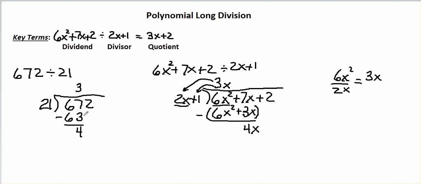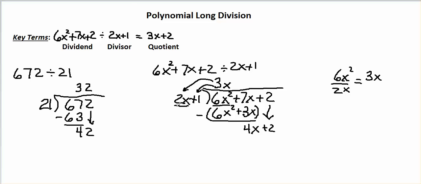So what did we do over here in long division? The next thing we did was we brought our 2 down. We're going to do the same thing here. We're going to bring our plus 2 down here. The next thing we did was we took a look and said, does 21 go into 42? It does. It goes in there twice, so we write our 2 up here. We're going to do the same thing over here.